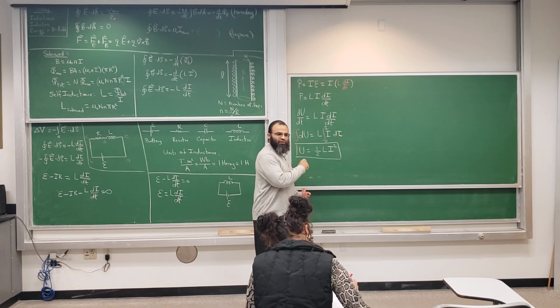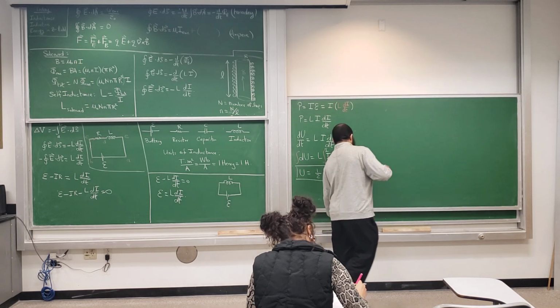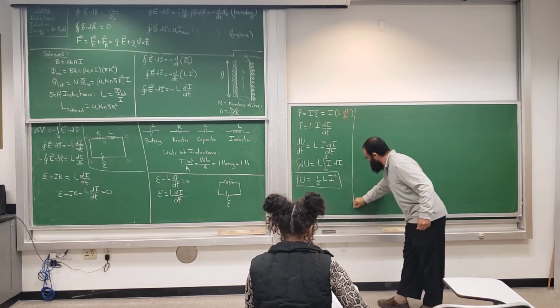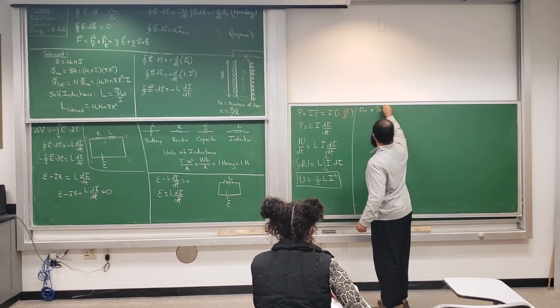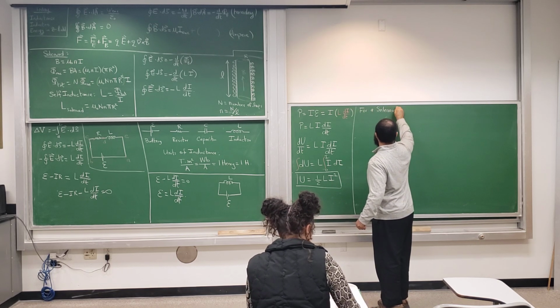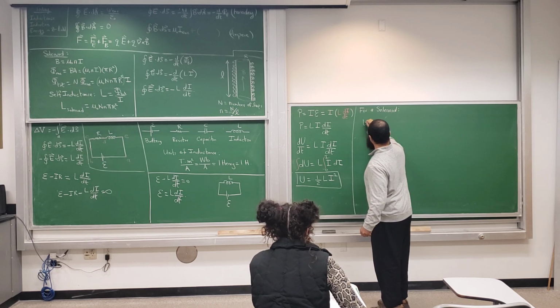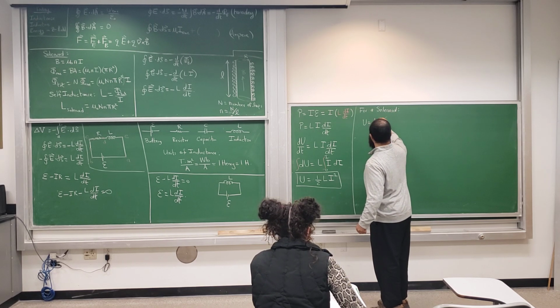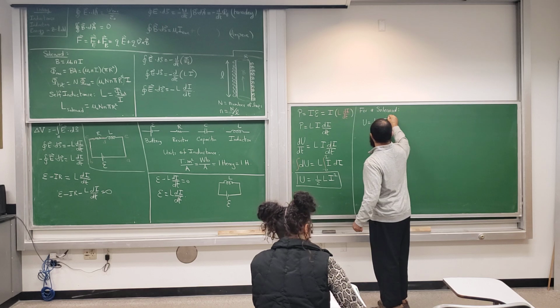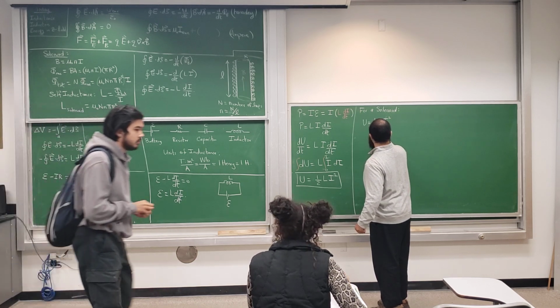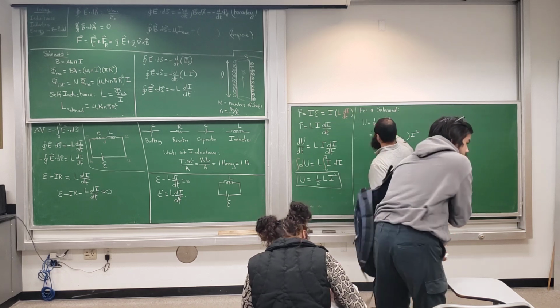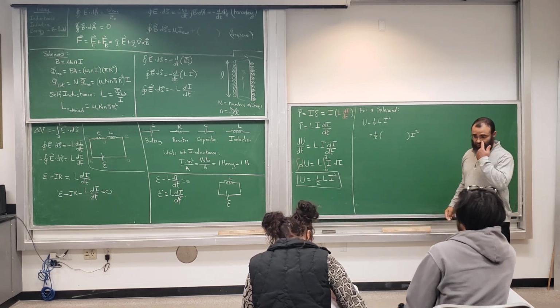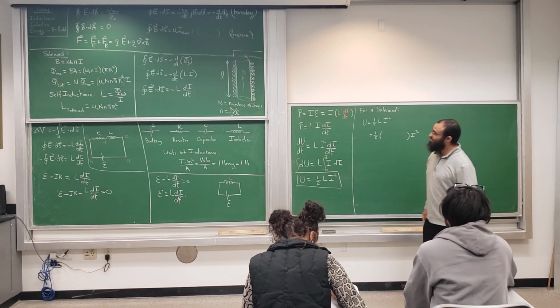Now I want to relate this to the magnetic field. So let's consider our solenoid again. For a solenoid, we'll have U equal to 1/2 L I squared. What's L for a solenoid?